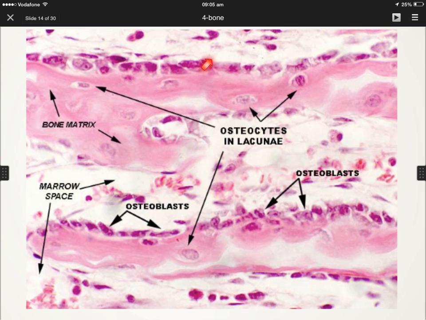And mention one enzyme present in them: it is the alkaline phosphatase enzyme. Mention two functions: they are the bone forming cells. They secrete both the organic part of the matrix and the inorganic part of the matrix, which is the calcium. They are responsible for the deposition of this calcium in the matrix due to their content of alkaline phosphatase enzyme.